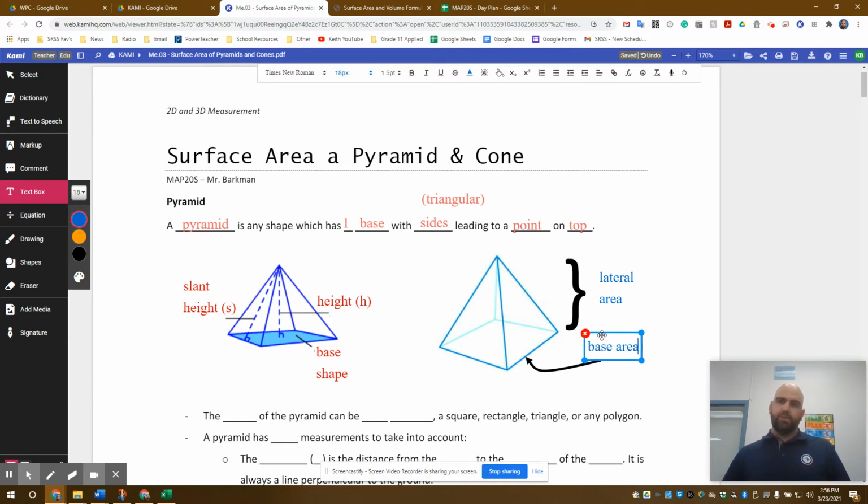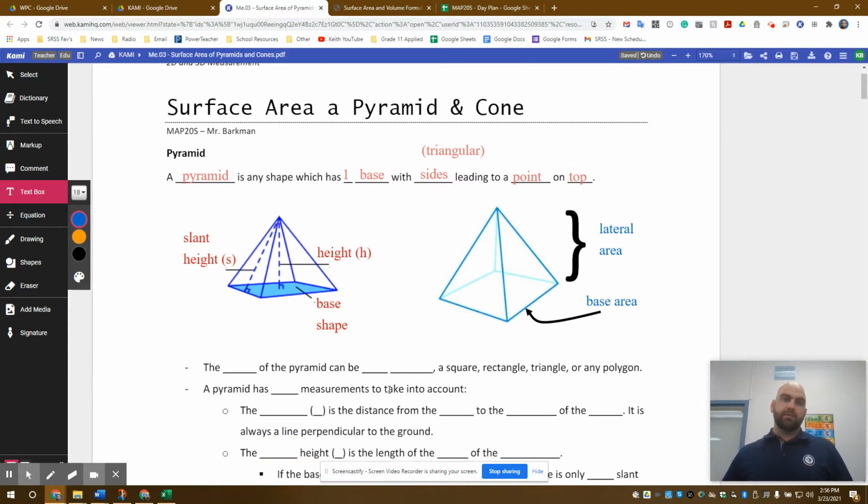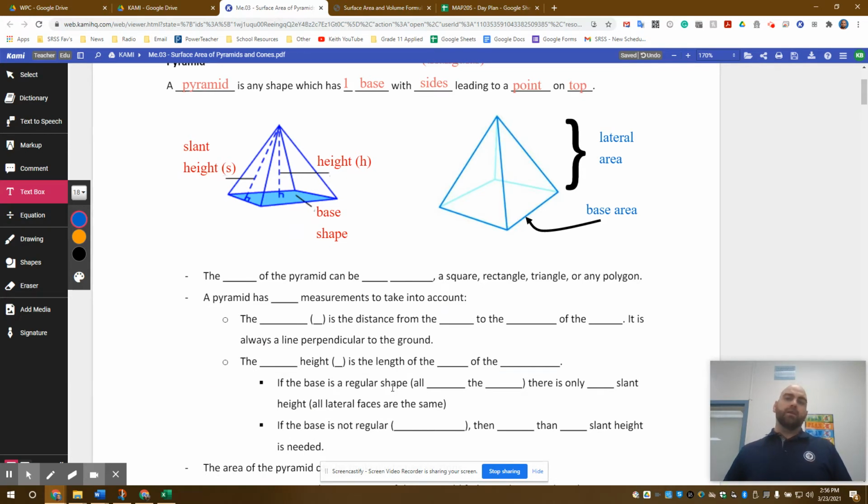This little arrow is pointing to the base area. That's our bottom piece. Whatever shape our base is, we can then use the formula to figure out what our base area is. Now, if it's a square, that makes it fairly straightforward. If it's any other shape, it makes it a little bit more difficult. But again, we can still solve for that.